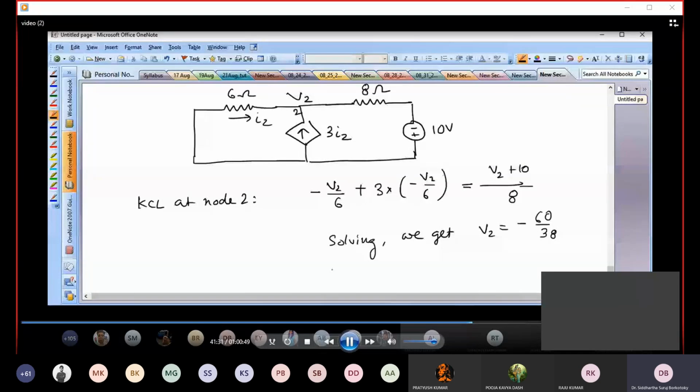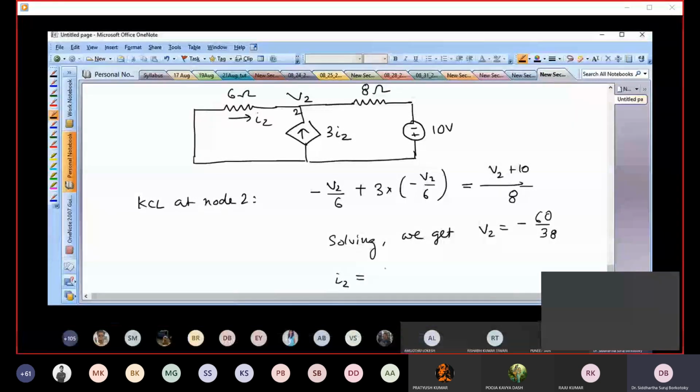So what is I2 here? We are saying that I2 is flowing in a direction left to right, which means it is the potential at the left end of I2 minus the potential at the right end of I2.